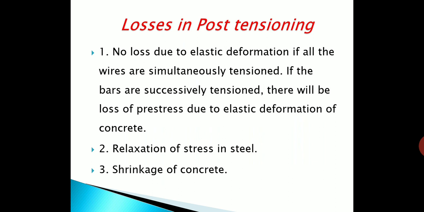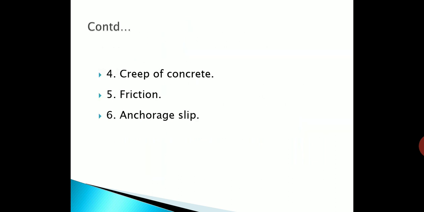So if you are on the site, you need to observe whether the process of tensioning is done single wire wise or it is done together, because it will result in elastic deformation. Next is relaxation of stress in steel, shrinkage of concrete, creep of concrete.